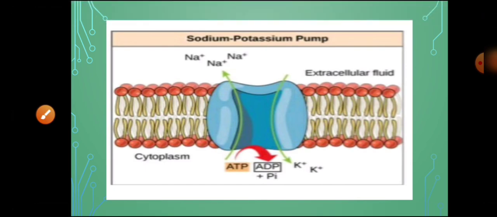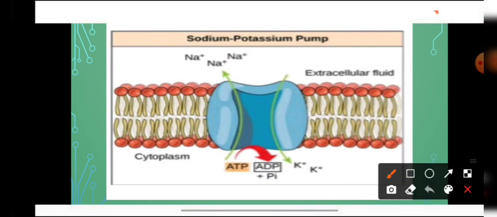Now students, the sodium-potassium exchange pump is a very good example of active transport, and it is present in almost all the cell membranes. The sodium-potassium exchange pump is responsible for high potassium ion concentration and low sodium ion concentration within the cells.